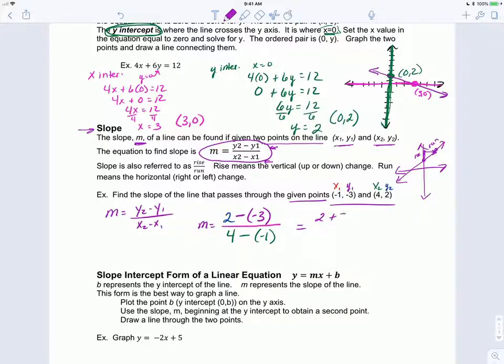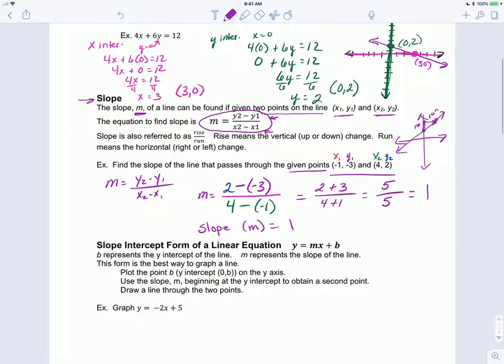So 2 plus 3 over 4 plus 1. So 2 plus 3 is 5, and 4 plus 1 is 5. And 5 divided by 5 would be 1. So in this instance, we have the slope, or m as it's often referred to, is 1.